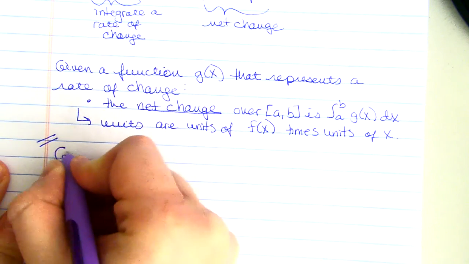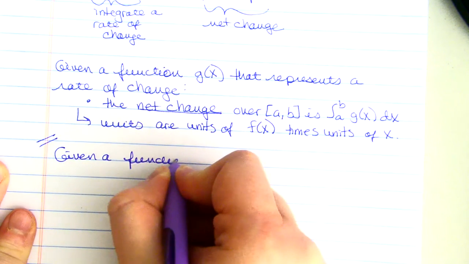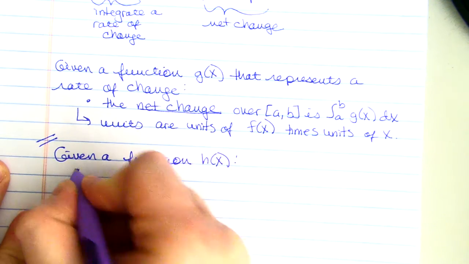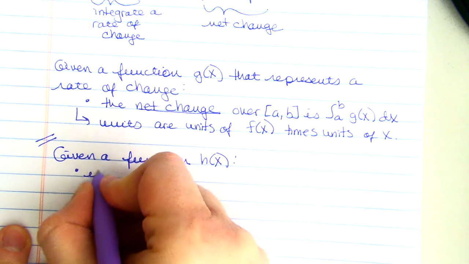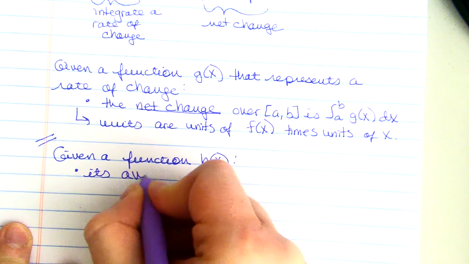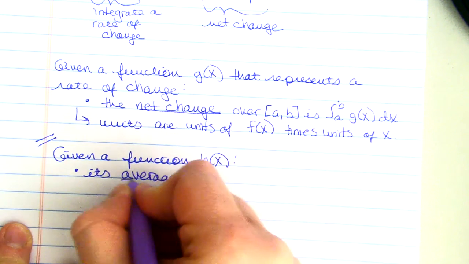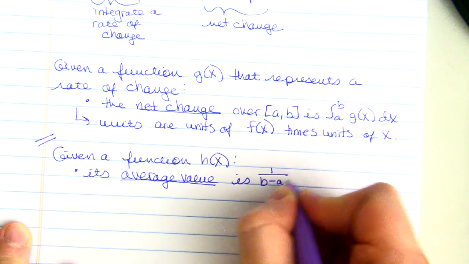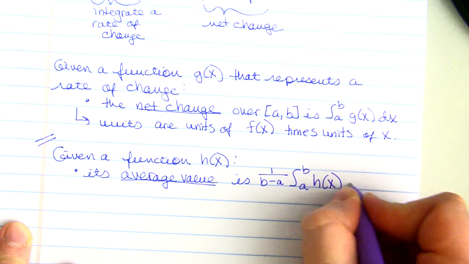Given a function h of x, its average value is 1 over b minus a times the integral from a to b of h of x dx.